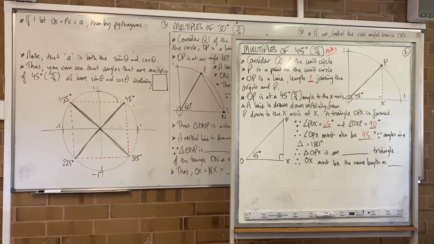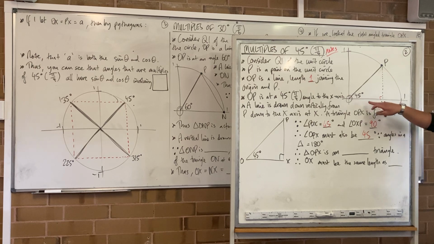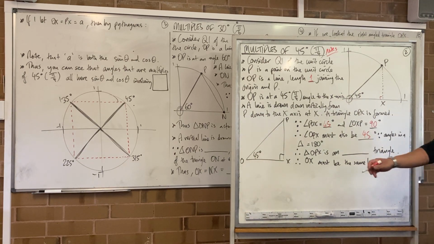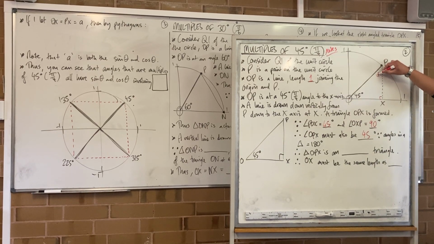Because angles in a triangle add up to 180 degrees. 180 degrees, take 90, take 45, leaves you what? 45. Okay? So I haven't made up any rules here. This is all stuff that you've done before. Therefore, what kind of triangle is OPX based on what we've just said? What kind of triangle has the same base angles? Isosceles.